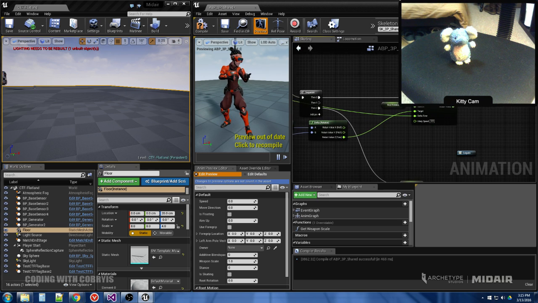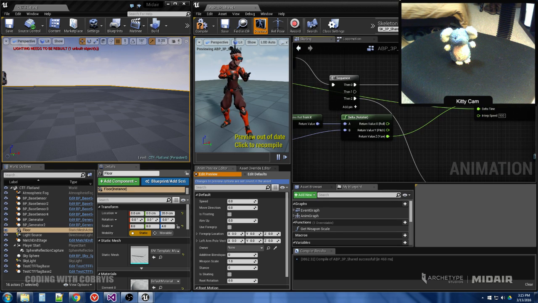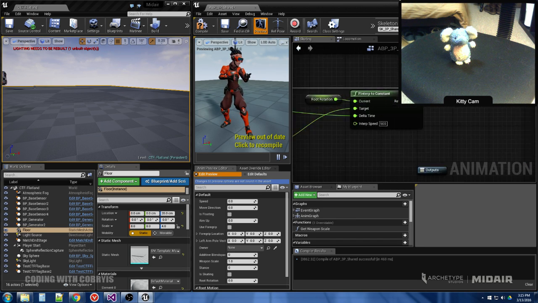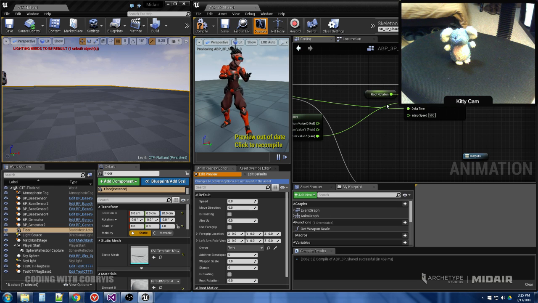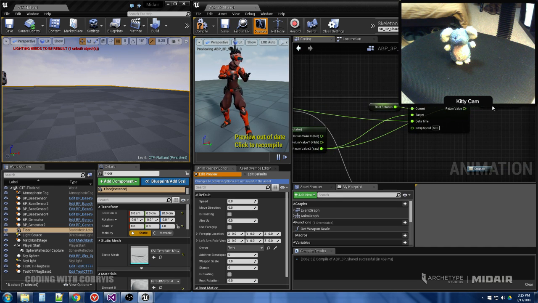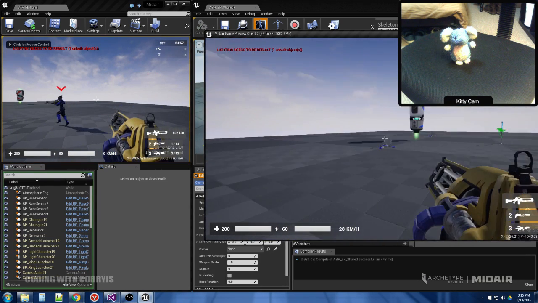Alright, so after we've set our root rotation, this angle, we'll use it. I wonder if I actually need this. Getting rid of an interpolation, because it might not be necessary.